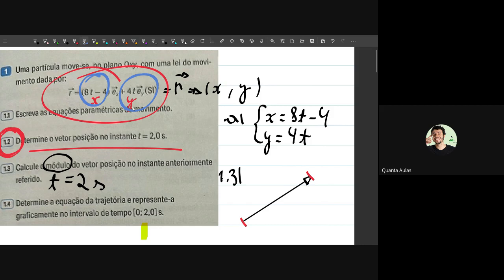So, for example, you do this, and we can put 0 too, because the question speaks about 0, but it's interesting to put the number 1 for t, because it's the number between 0 and 2, okay?